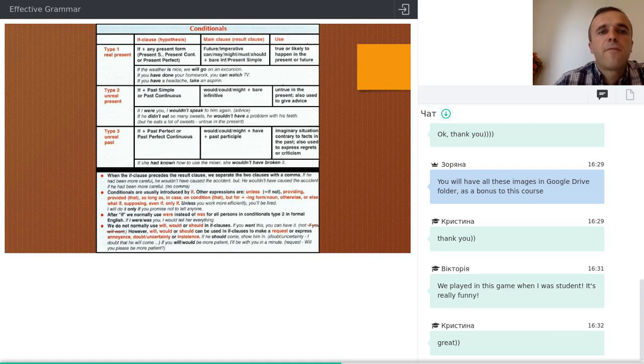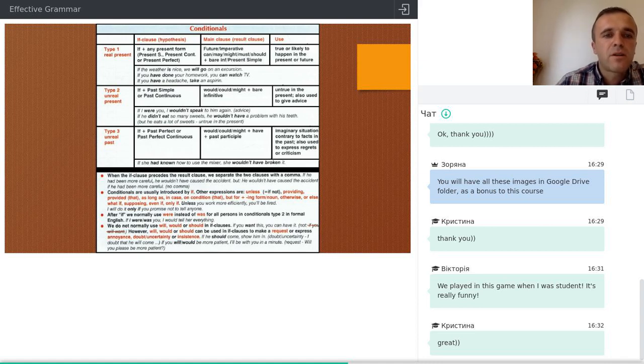Okay, and for advanced students or upper intermediate students, you can have this template, and there are some extra examples and functions where you can use will after if. There are some functions where you can use will after if, when we have annoyance, doubt, uncertainty, or insistence.